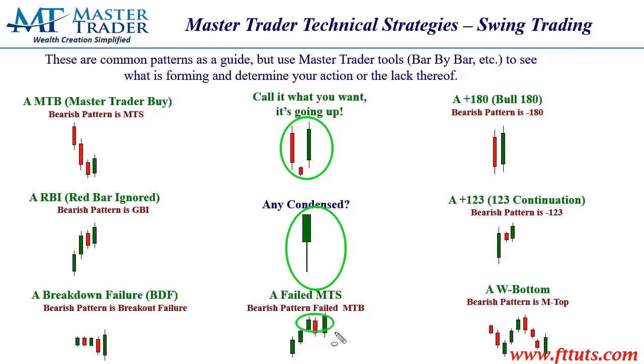Failed sell setup, that's not a real sell setup because we're assuming it's in an uptrend, correct? We said that these are long setups, so this reversal, the red bar at that time, while it does suggest it should go down, it should turn into a red bar ignored. 180 reversal, well, we've condensed the data a bit from the one directly to the left, and it means the same thing as the bottoming tail bar. 1, 2, 3 continuation pattern, so a wide range bar up creates a price void.